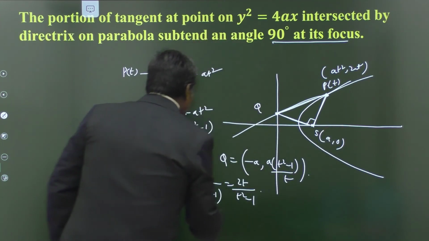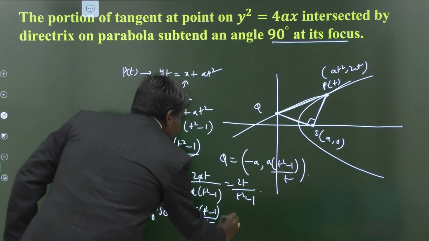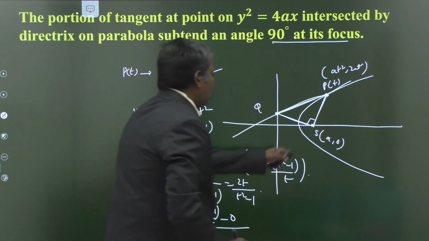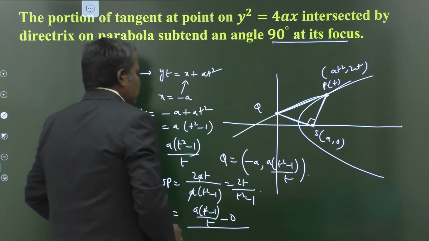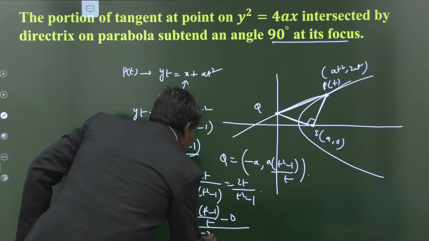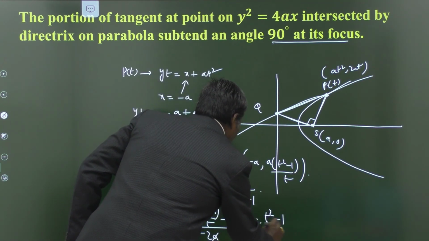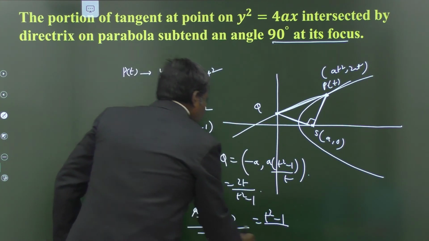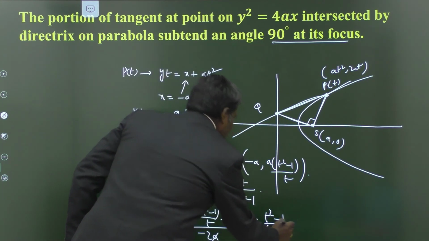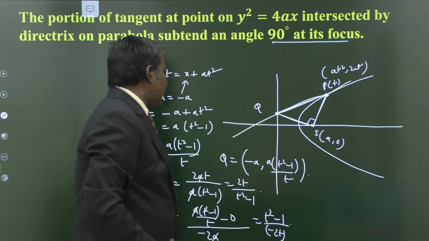So a into (t squared minus 1) by t minus 0, by y2 minus y1 by x2 minus x1, that is minus a minus a, which is minus 2a. a gets cancelled. That is (t squared minus 1) by minus 2t.